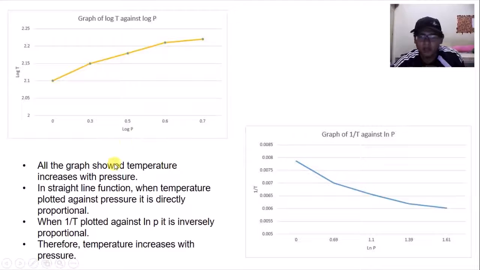When we transfer to a straight line function, we can see that the temperature and pressure are directly proportional when we plot it together, and as we can see, the 1 over T against ln P graph is inversely proportional, and we can assume that the temperature increases with pressure.